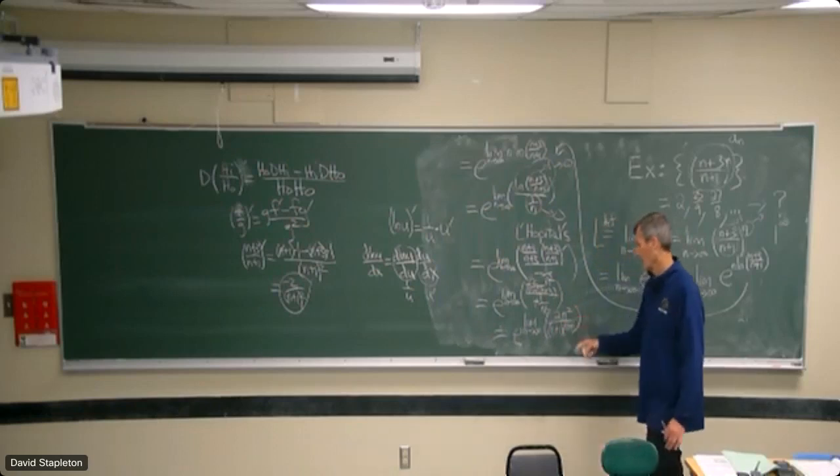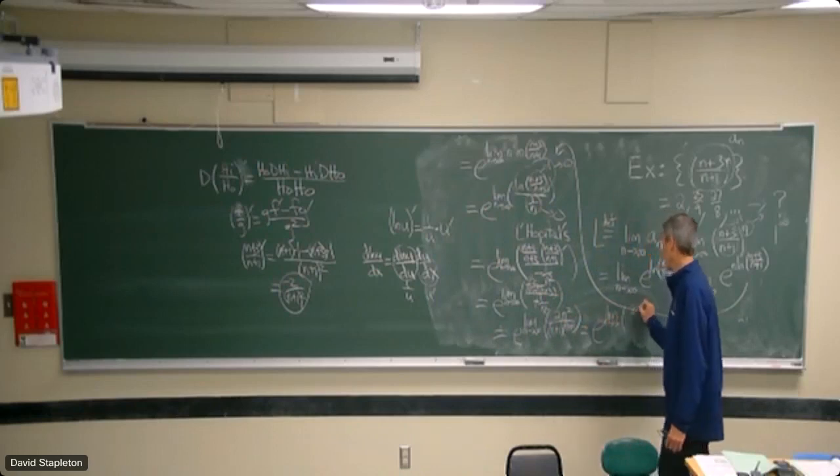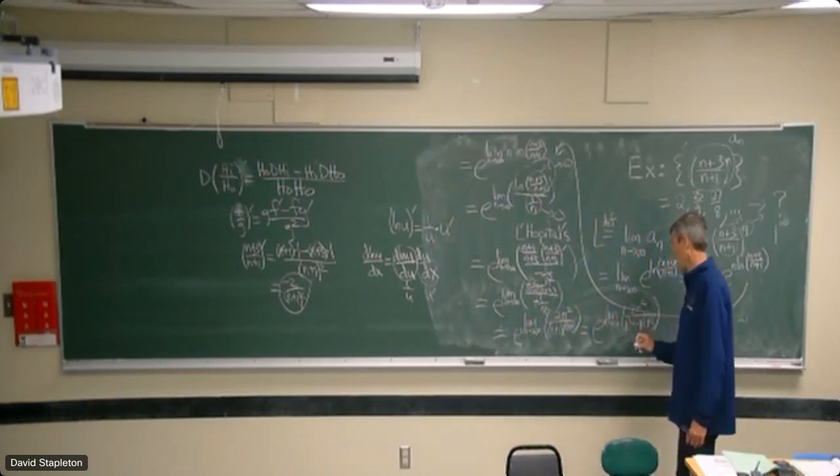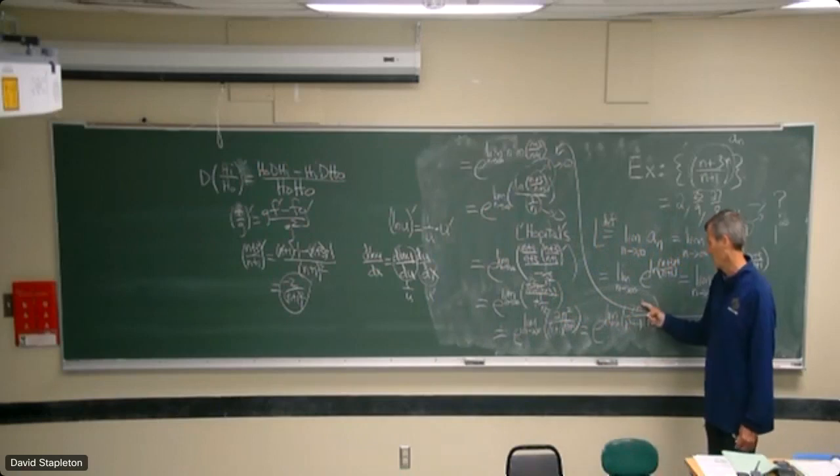Now I've got a nice quotient I can evaluate. What's the limit as n goes to infinity of 2n squared over (n plus one)(n plus three)? Let's write it out. It's e to the limit as n goes to infinity of 2n squared over n squared plus 4n plus three. And you recall for the limit of a quotient of polynomials, it goes by the dominant terms.